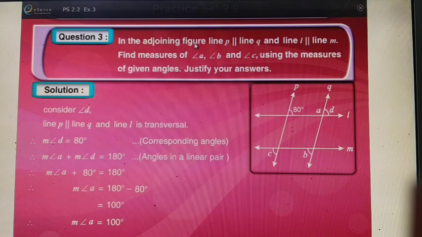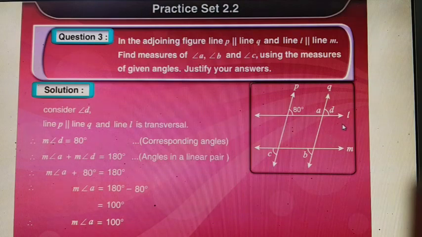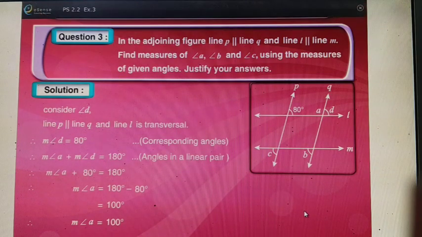Question number 3. In the adjoining figure, line P is parallel to line Q and line L is parallel to line M. Find the measure of angles A, B and C using the given angles. Justify your answer. First, see this figure, line L and line M are parallel to each other, and P and Q are the transversals.